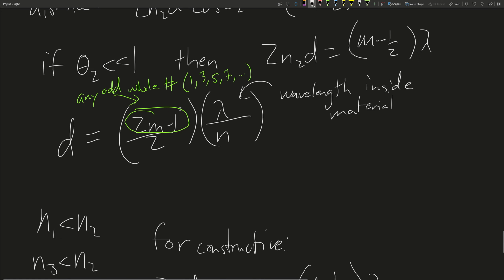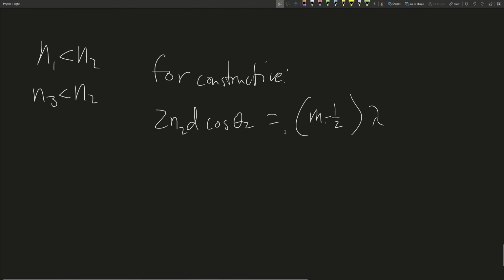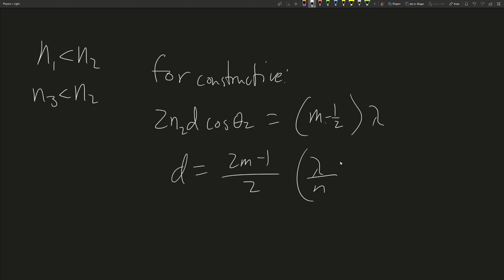So again, this is like this formula right here. So in the end, you get d is equal to 2m minus 1 over 2 times this wavelength divided by n. And so this is for constructive interference whenever you're sandwiching a thin film between two lighter materials.